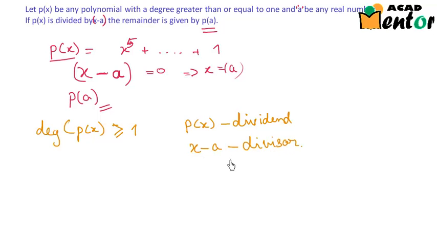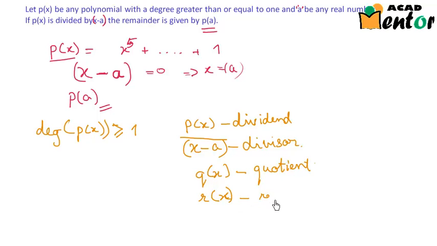So when I divide p of x by x minus a, let's say I get a quotient of q of x. So q of x is the quotient. And I also get a remainder. Let's call it r of x. So the remainder is a polynomial r of x.